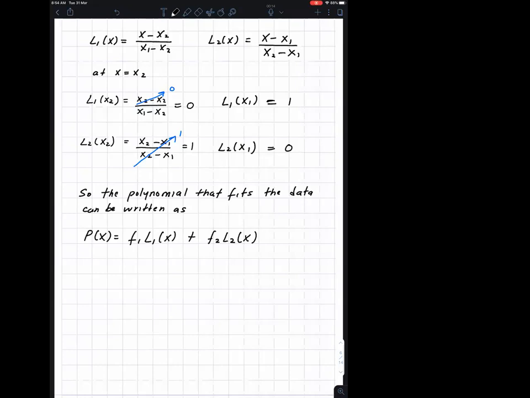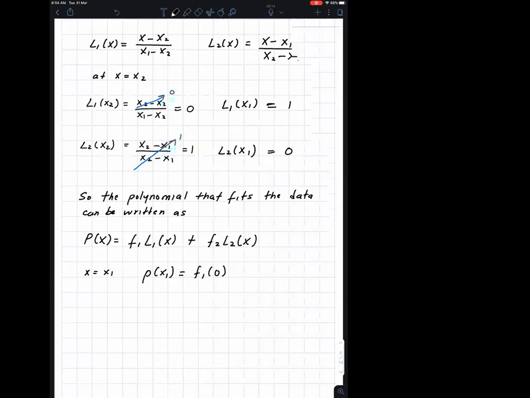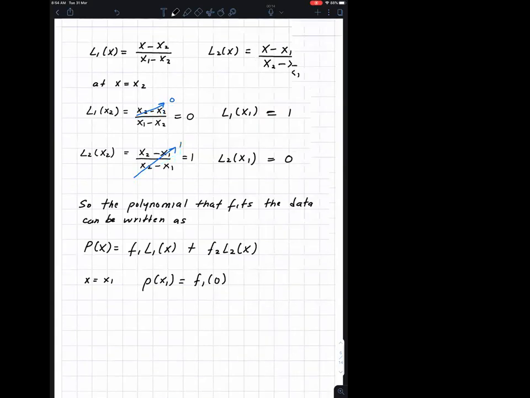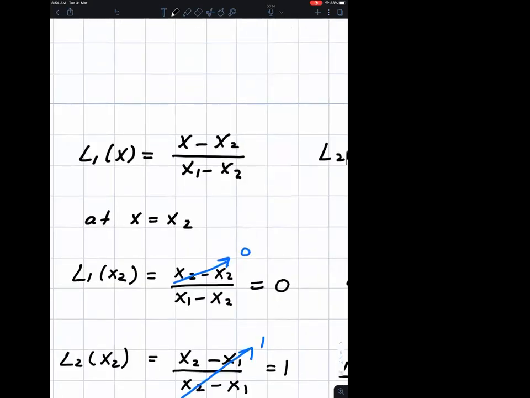When x equals x1, what do you get? Well, you get Px1 is F1 times 0, remember the 0 right here? You just substitute whatever you got here into those equations.